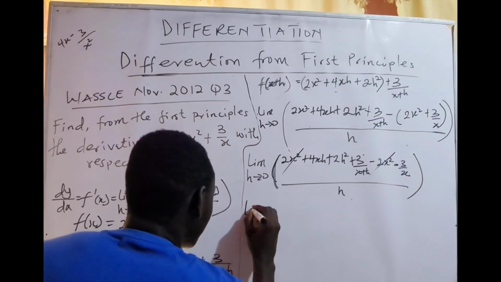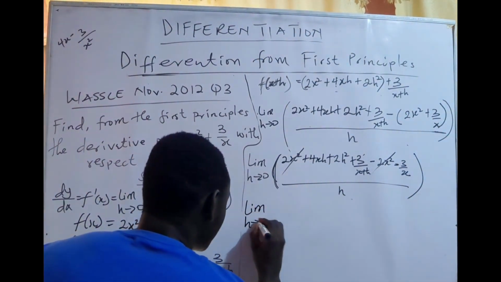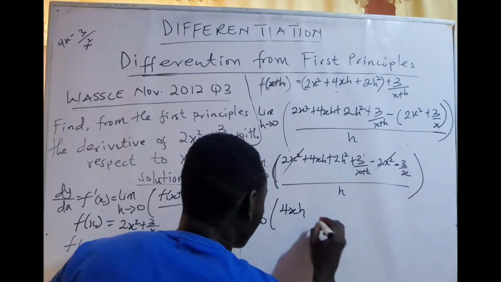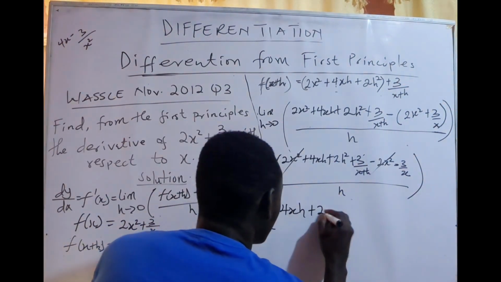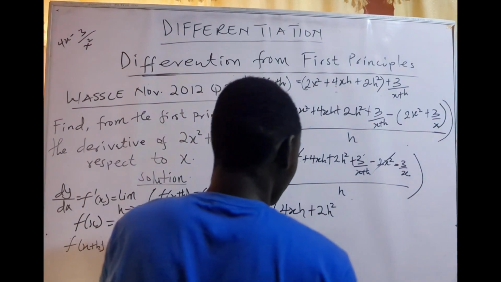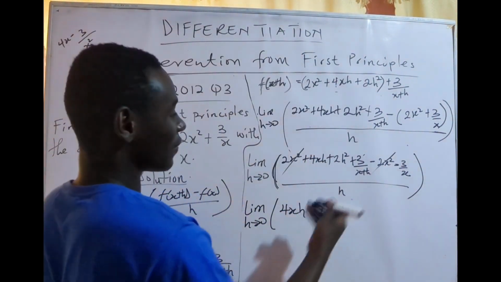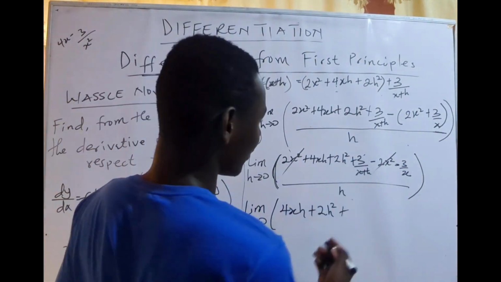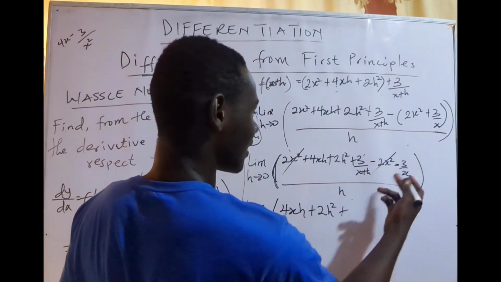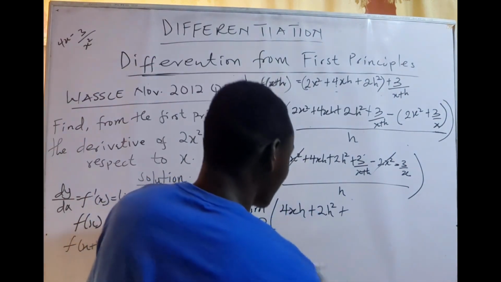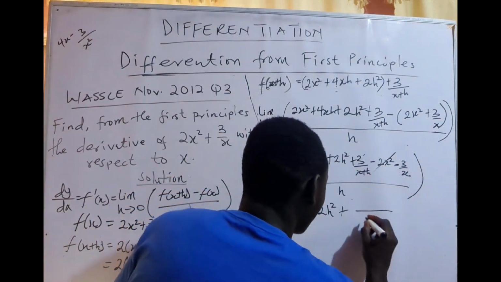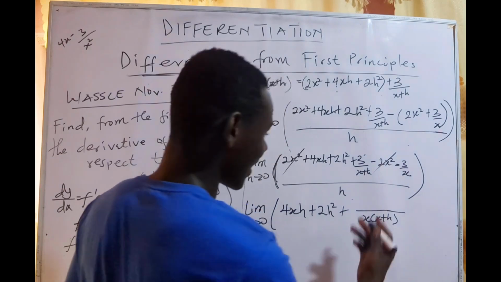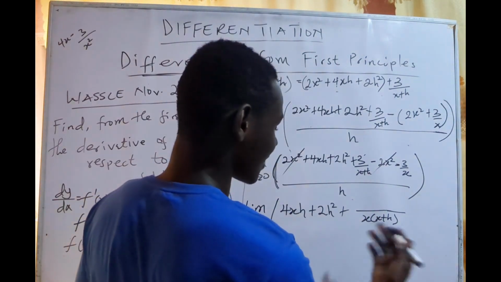Limit as h approaches 0 is going to be 4xh plus 2h squared, plus the fractions over here. We need to find the LCM of the fractions, 3 on x plus h and minus 3 on x. So our LCM for this fraction is going to be x multiplied by x plus h.